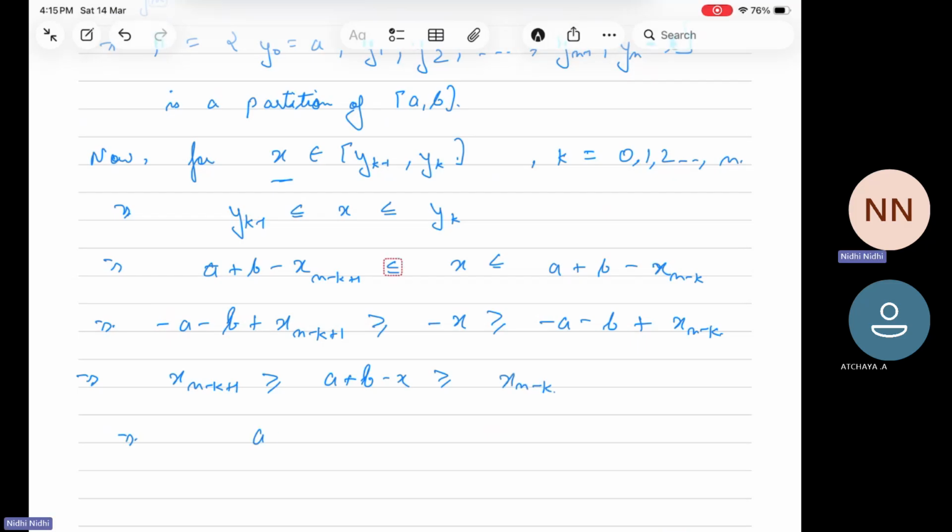This implies a + b − x belongs to the closed interval x_{n−k} to x_{n+1−k}, where k can be anything from 0 up till n.